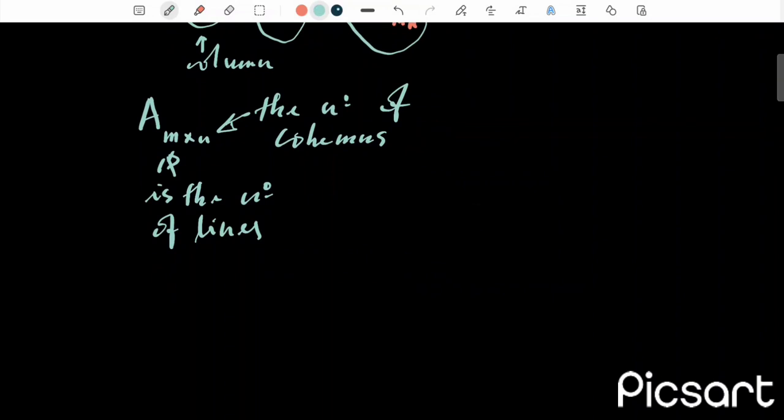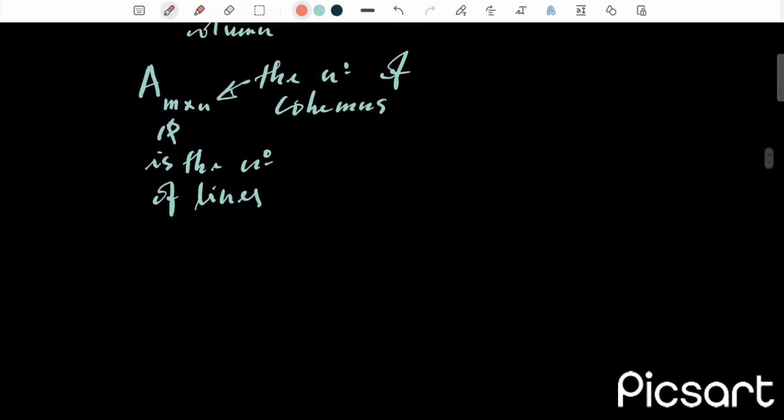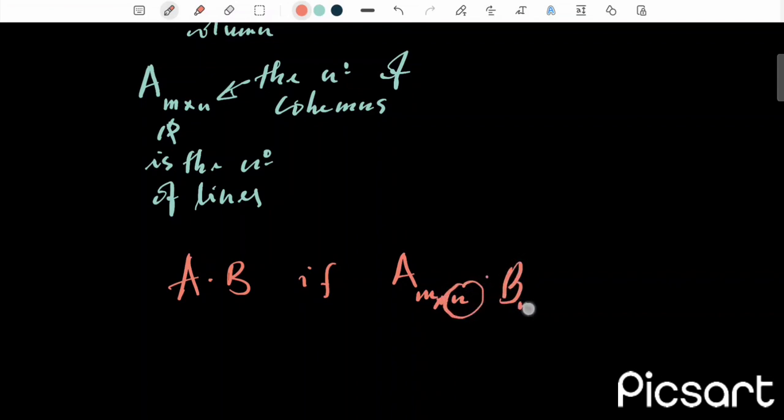For example, here, we can take the product of two matrices A and B if the number of columns of the first matrix A is equal to the number of lines of the second matrix, so that this product will be equal to a matrix C with M lines and L columns.